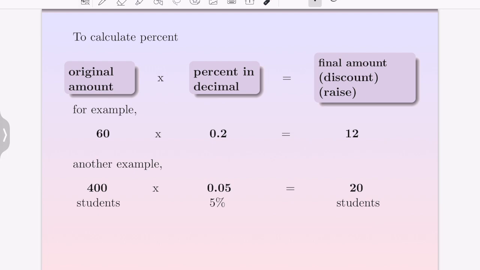The same, we can say 20 students is 5% of what student population in the school. We can also ask about the percentage: 20 students is what percent of 400 students. So we will keep asking about different things from that equation.